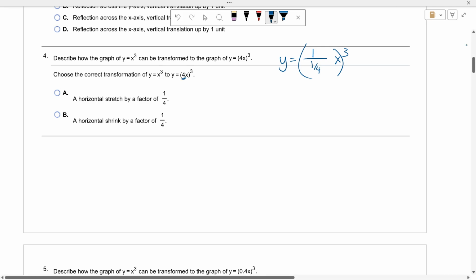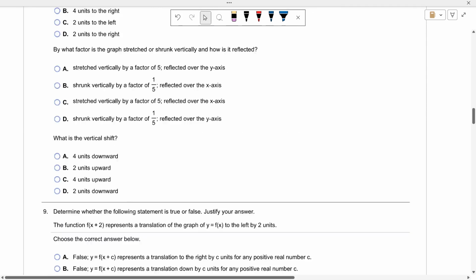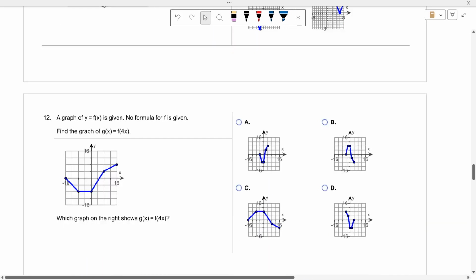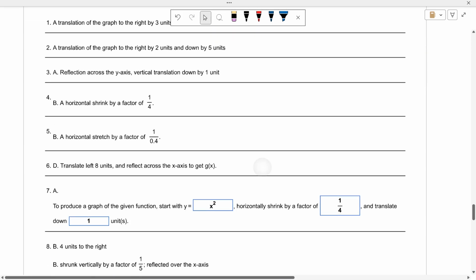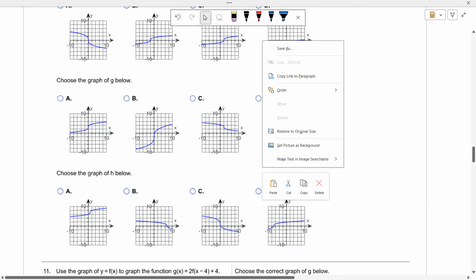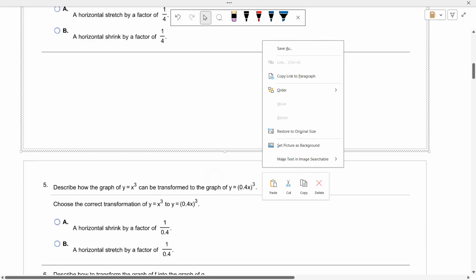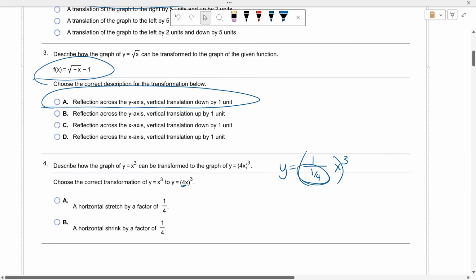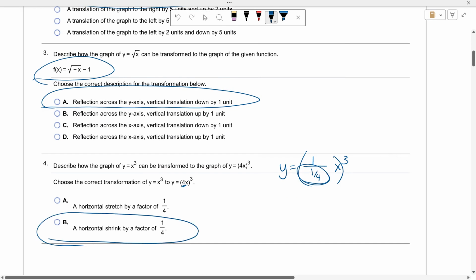So it's a horizontal stretch of 1/4. Is it a shrink or a stretch? How do they describe it? That's a good one to know. Horizontal shrink by 1/4. So we shrink by a factor of 1/4.